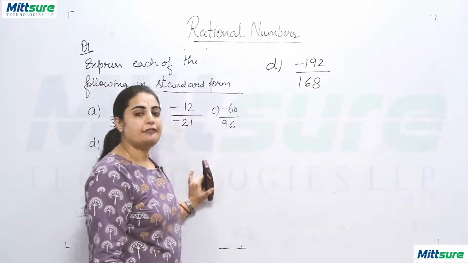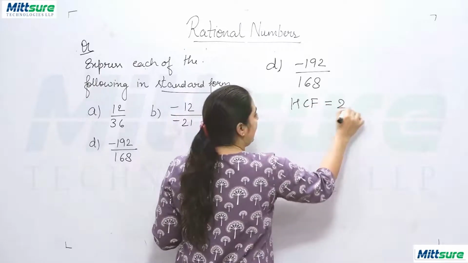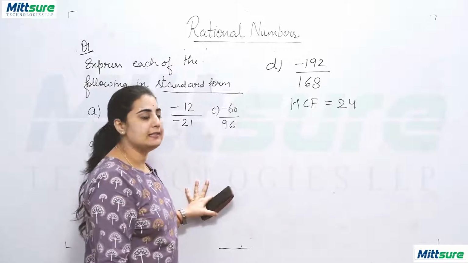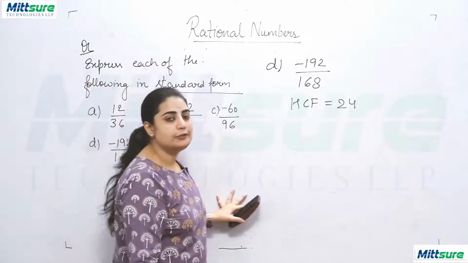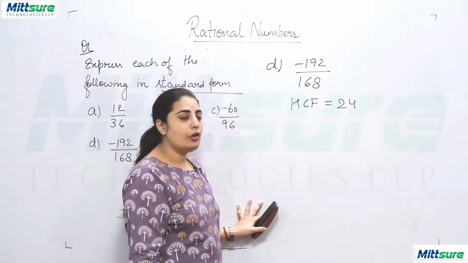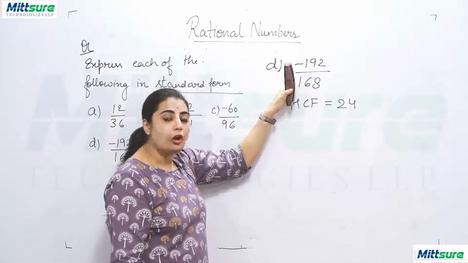So the HCF of these two numbers is 24. This again you can get by doing the long division method of finding the HCF. See, it is preferable to use the long division method because you will never get an incorrect answer. You will always get the correct answer of HCF whenever you are using the long division method.